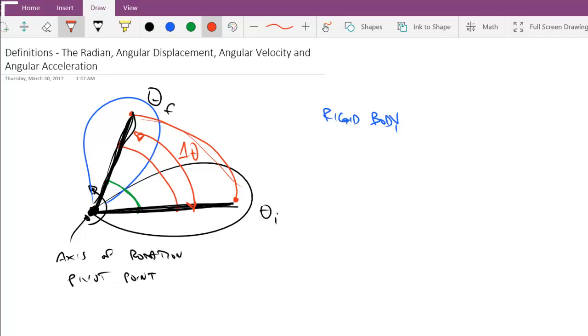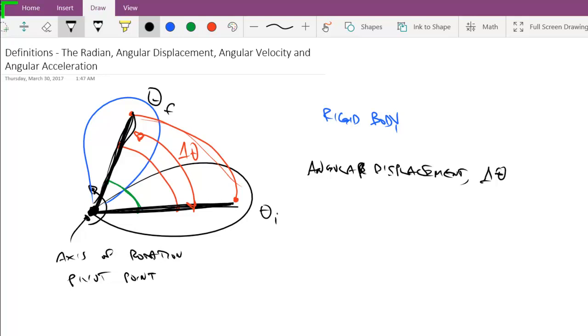So it's much simpler with rotational motion to talk about an angular displacement as opposed to a linear displacement. So we define that angular displacement as simply a change in the angle, so a delta theta.